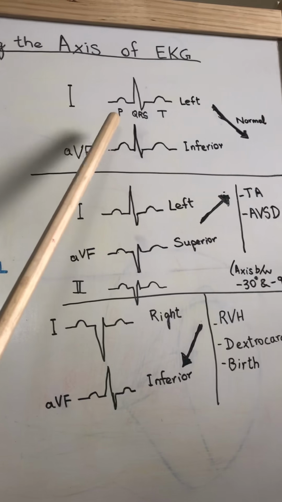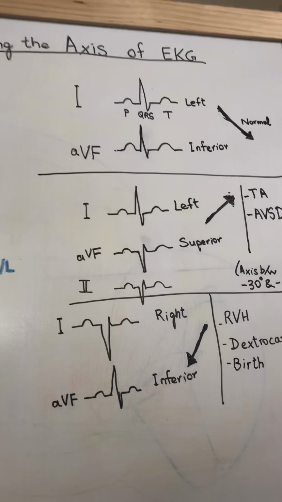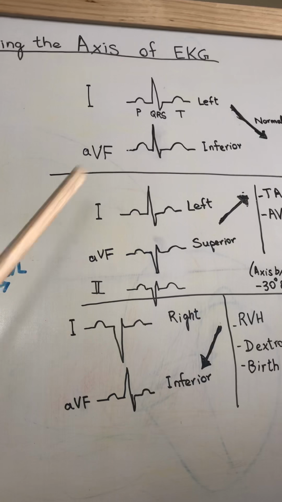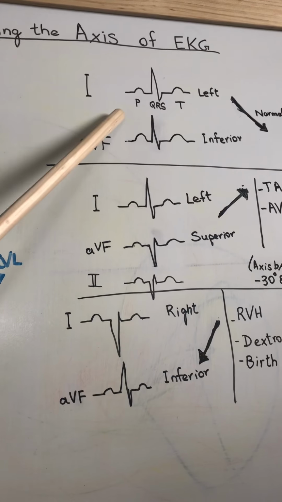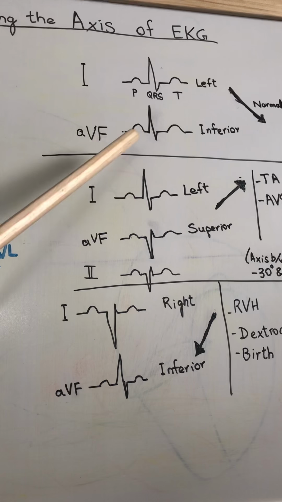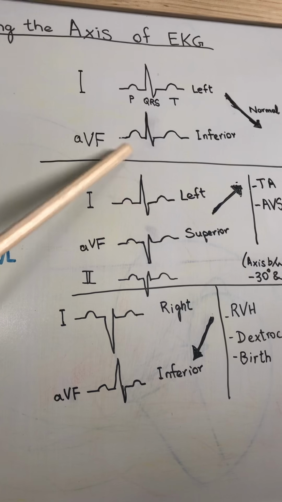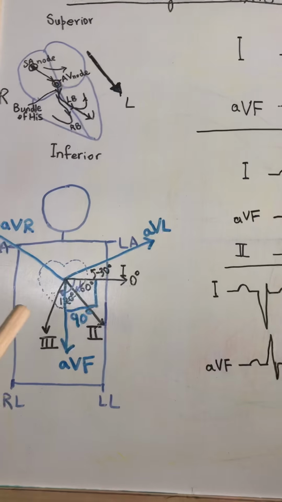So in normal circumstances, if the axis of the heart is left inferior, then lead 1 will show a predominantly positive QRS complex and lead AVF will also show a predominantly positive QRS complex.